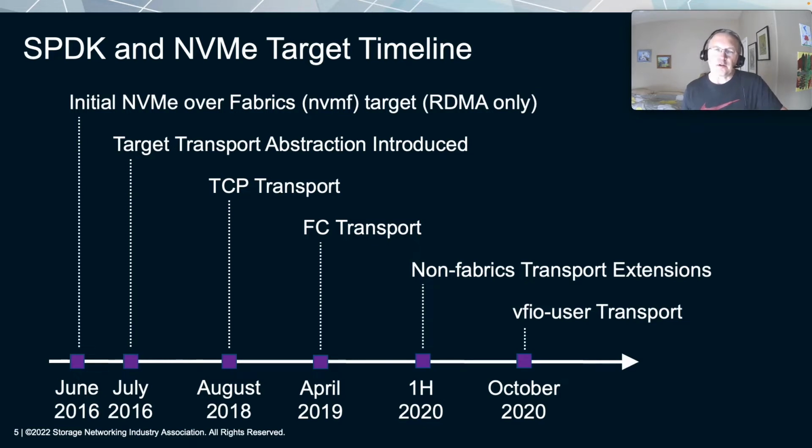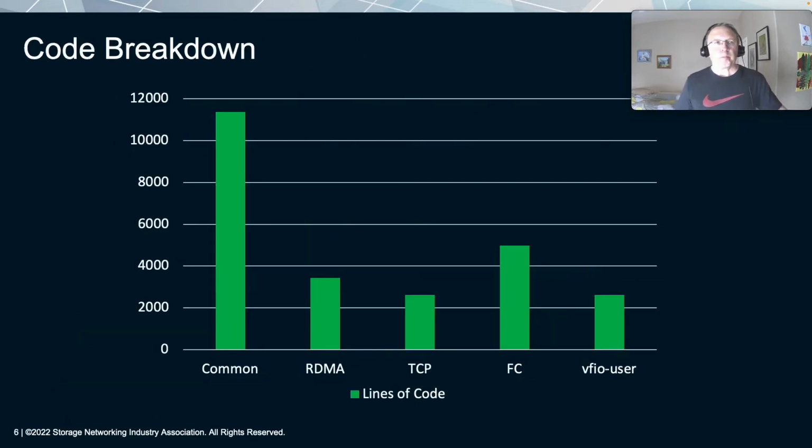VFIO-user is an initiative that has really been driven by Nutanix with support from Intel, Red Hat and Oracle, to basically be able to present PCI devices to a QEMU-based virtual machine backed by a separate process. For SPDK, this is NVMe, presenting NVMe SSDs to a VM.